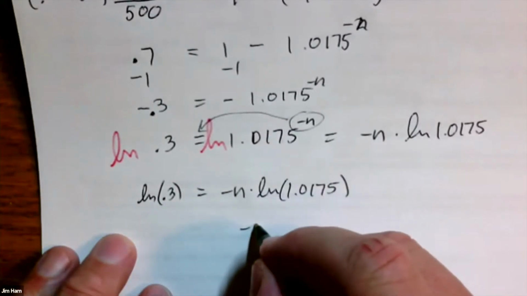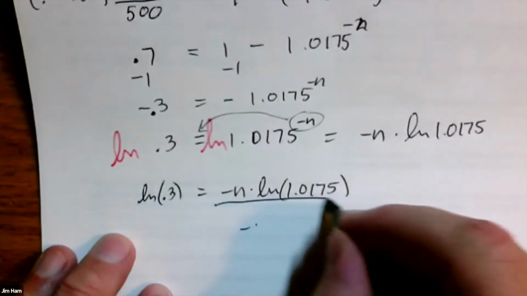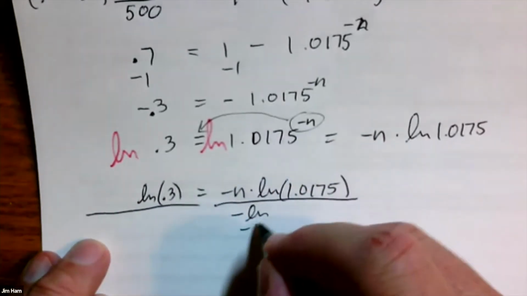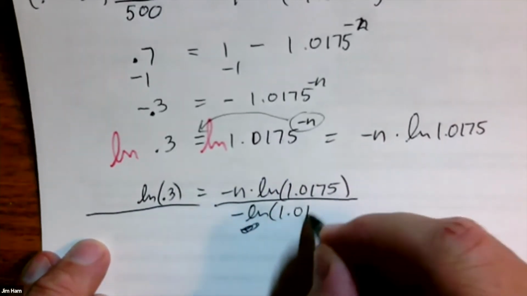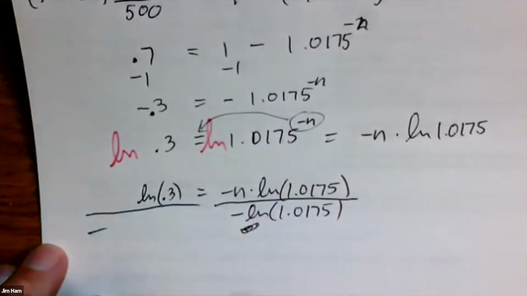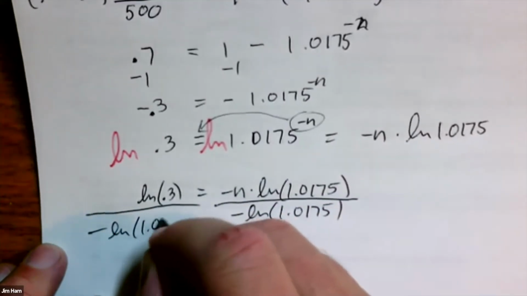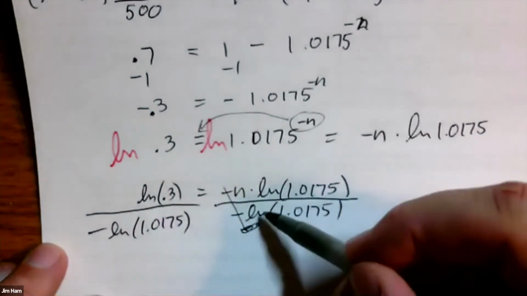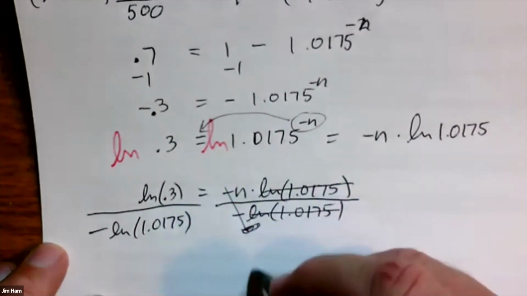We're going to divide both sides by negative ln 1.0175. Negative ln 1.0175. And that'll get rid of the negative sign, that'll get rid of this whole log expression, and we'll be left with n.